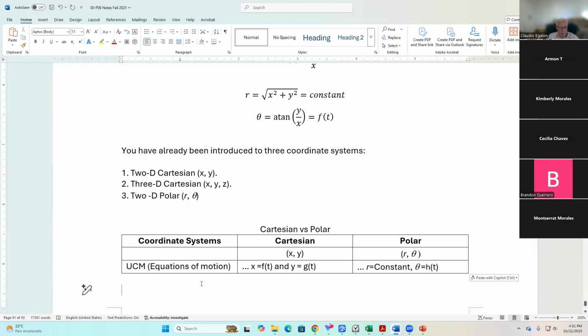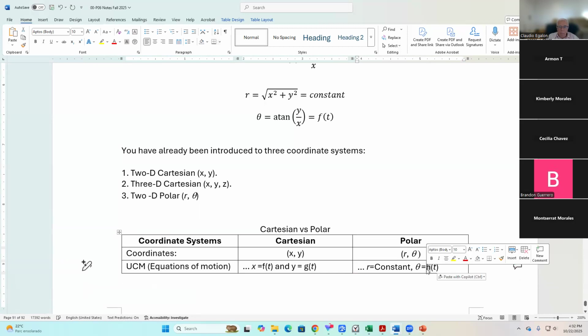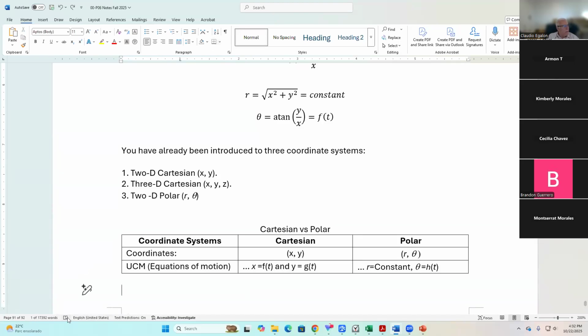Coordinate systems, Cartesian and polar coordinates. Just a summary of what I told you.